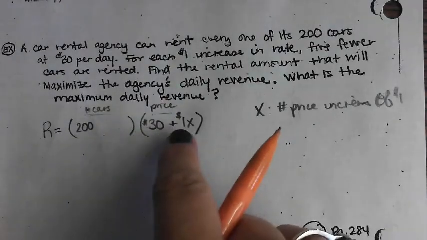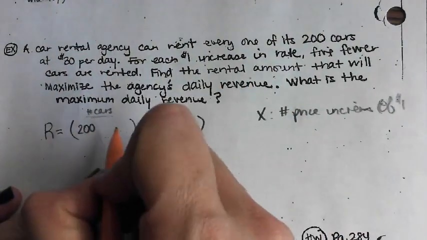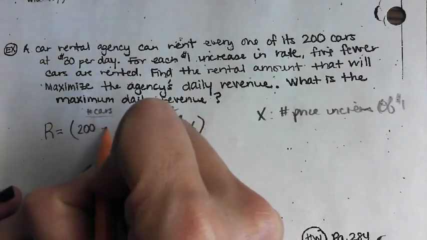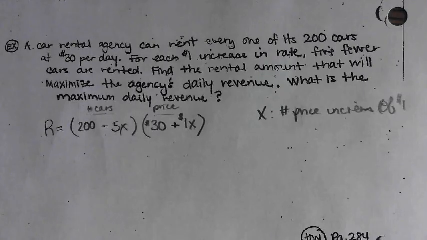Every time you add $1 to the price, so X times you do that, you're going to lose 5 cars each time. So X here is not the number of cars, it's not the price. X is the number of price changes. Does that make sense? And so there's my quadratic. Good?